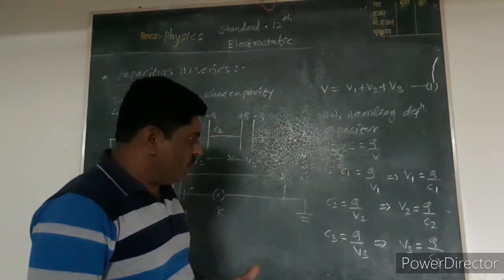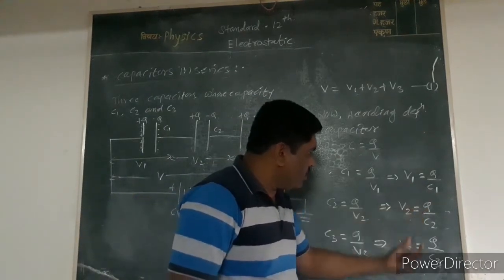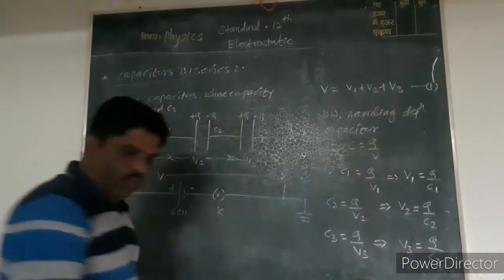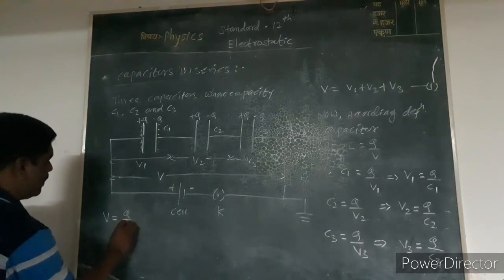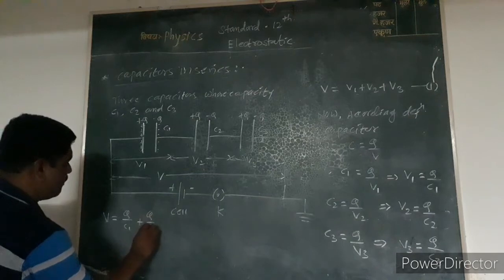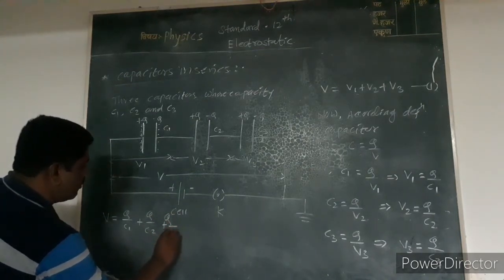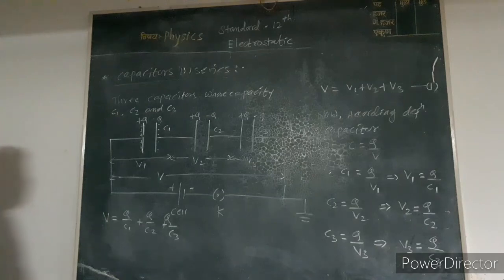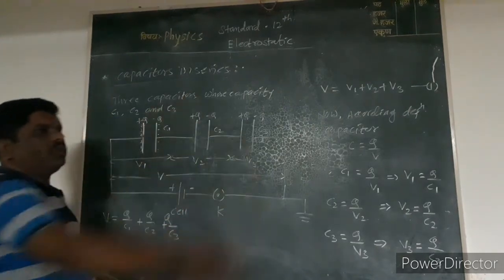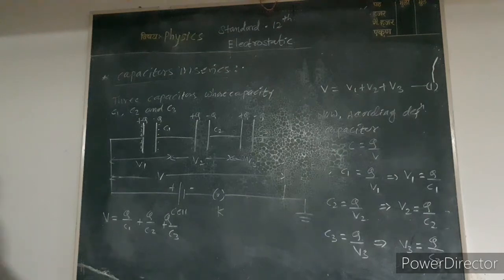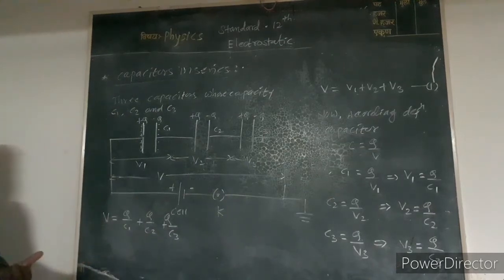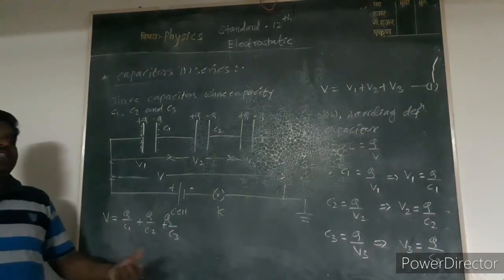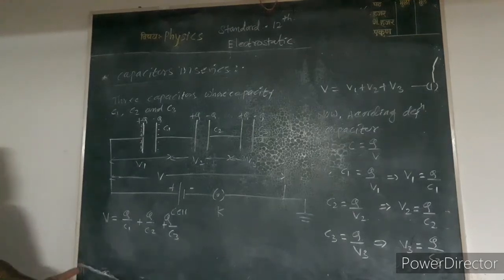Put all these values of V1, V2, V3 in equation number 1. We get V is equal to Q upon C1 plus Q upon C2 plus Q upon C3. But we want to find the resultant capacity of this circuit. For the three capacitors connected in series, what is the equivalent capacity or resultant capacity?